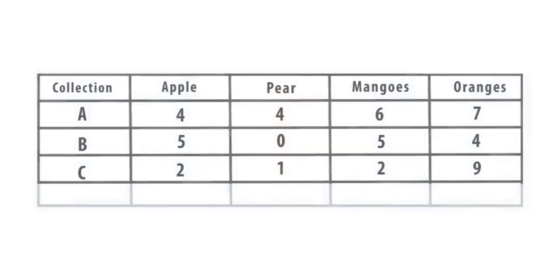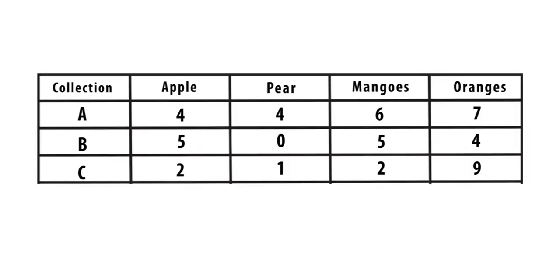The following table shows the name of each collection, and the number of each type of tree included in it. So we can see this table where we have the collection. The collection includes apple, pear, and mangoes, as well as oranges. And we also have type A, type B, type C.